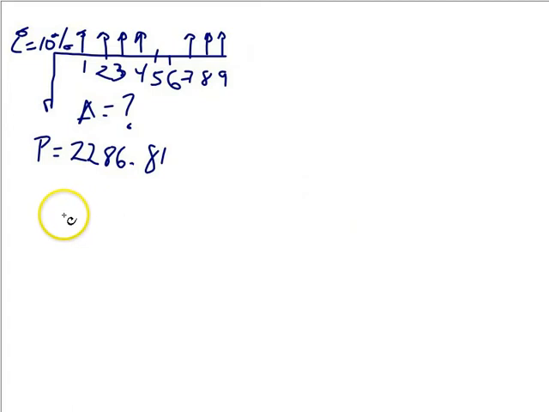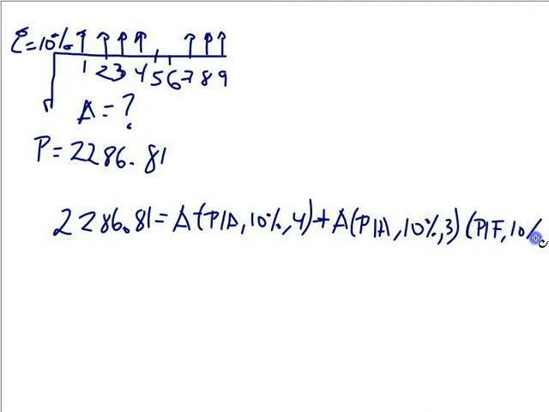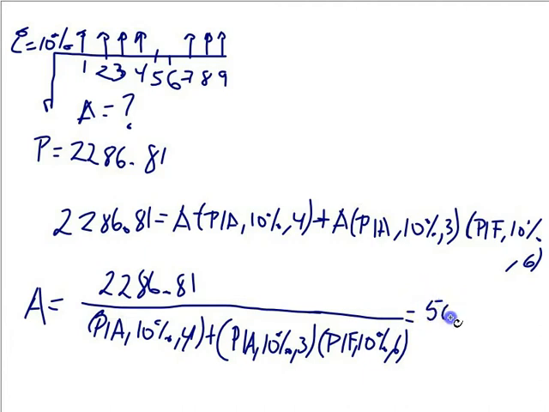We know that the present value, which in this case is 2,286.81, should be equal to whatever the annuity is times P given A for 10% and 4, plus again the same annuity times P given A 10% and 3 times P given F 10% and 6 periods. When you do the operations, that gives you 500 as expected.